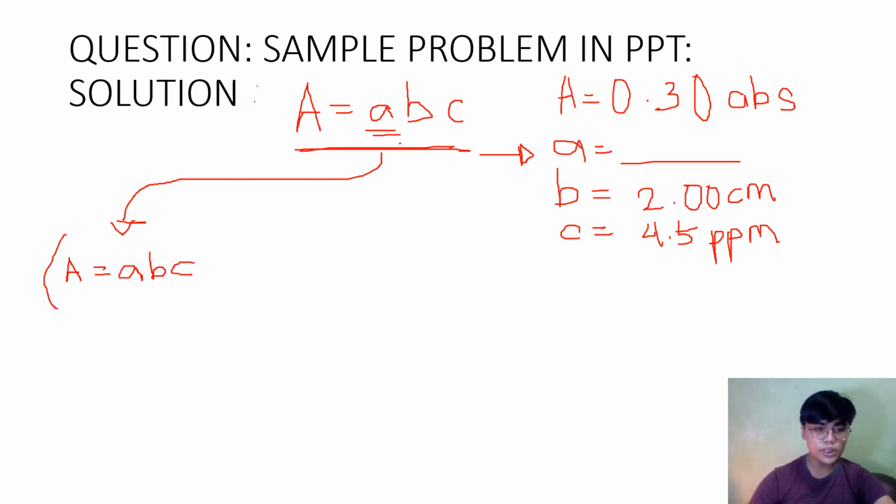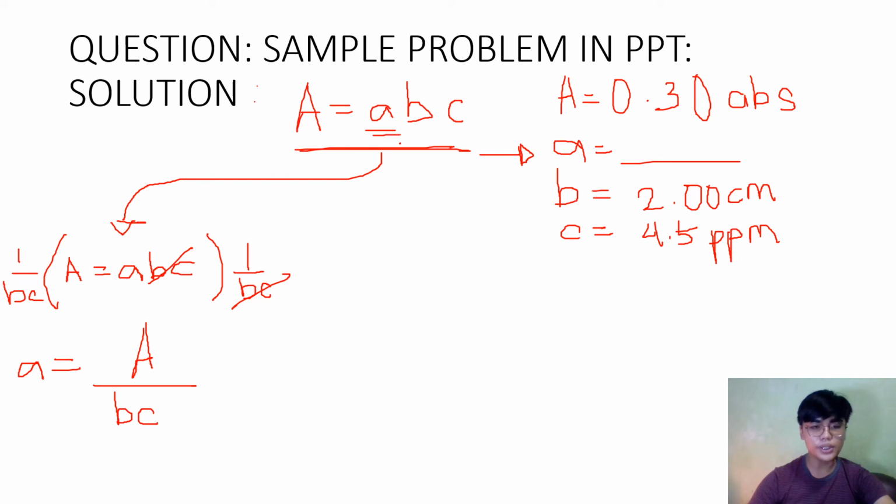We're going to multiply both sides by 1 over cell path length times the concentration, so this would cancel out. So our working equation: absorptivity is equal to absorbance over cell path length times the concentration.